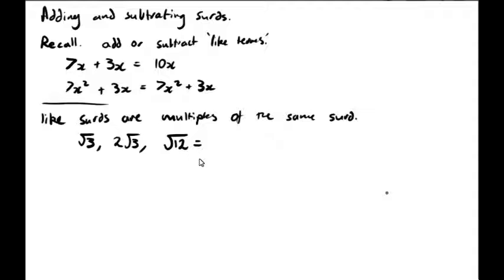If you remember from our last section, when we simplify it, 12 can be expressed as 4 times 3, so that would be 2 square root 3, which has the same surd. So those three are all like surds.